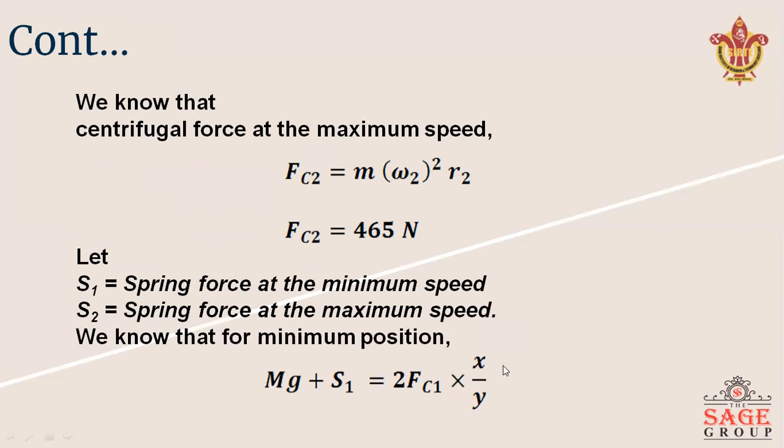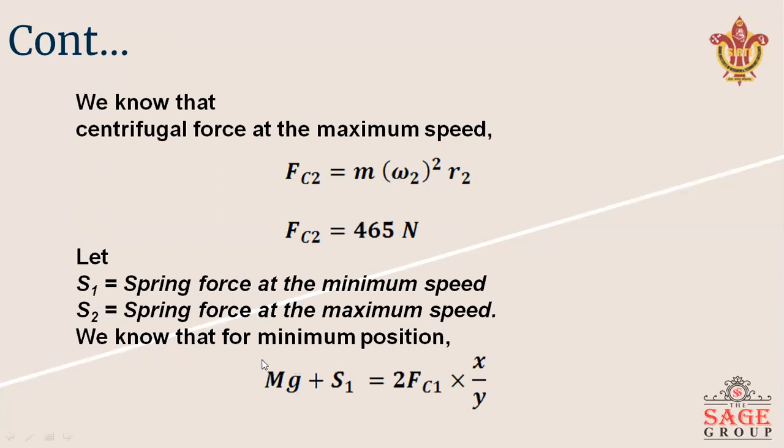This equation we have already derived for the Hartnell governor in the previous class, and I have taken this formula directly from that derivation. Here x is equal to y, so x upon y is equal to 1.